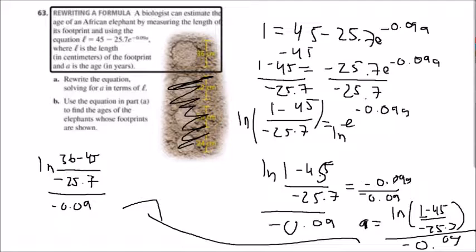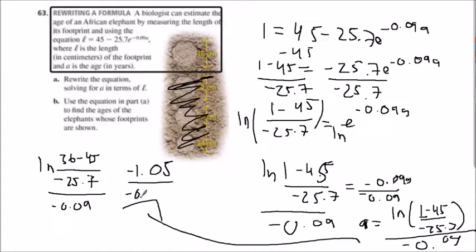And then negative 9 over negative 25.7 is 0.35, right? And then the natural log of 0.35 is negative 1.05, to 3 decimal places.